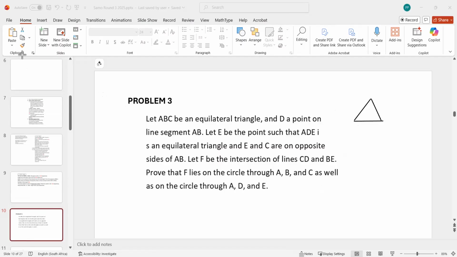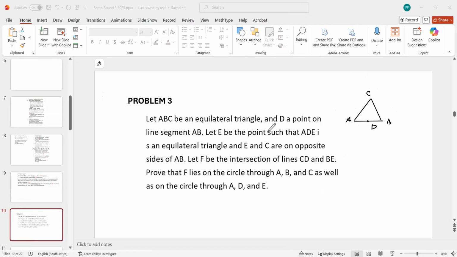All right, this is ABC. And then a point D is chosen on AB. Let's put AB at the bottom. So D is chosen somewhere.